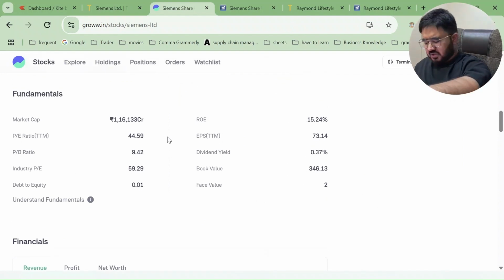Okay, so we are here on the Groww website. If you could see, 44.59, right? It's the current price to earnings.